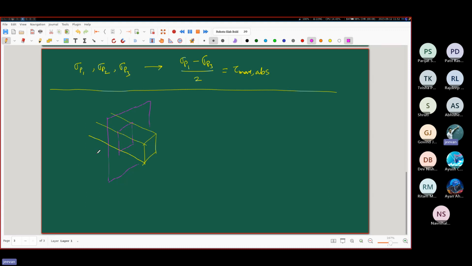So if you look at it from this perspective, this is our x-axis, this is our y-axis, and this is our z-axis. So if you look at it from the point of view of the x-y plane, this is our beam.